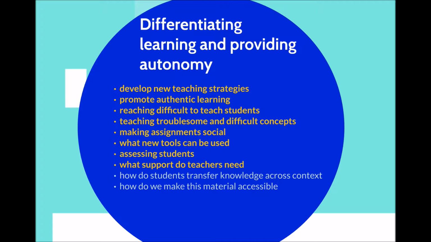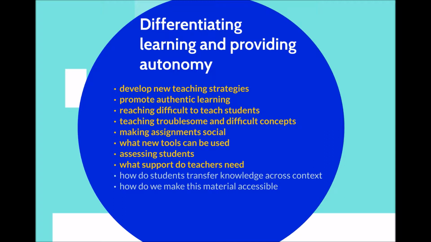And so let me first go over some of the issues that Bergman has raised about differentiating learning and providing autonomy. So he's really trying to develop new teaching strategies to fit into these classrooms. These strategies should promote what he calls authentic learning or active learning, and they're important in terms of reaching difficult to teach students. That's been one of the emphases in some of the webinars he's given.